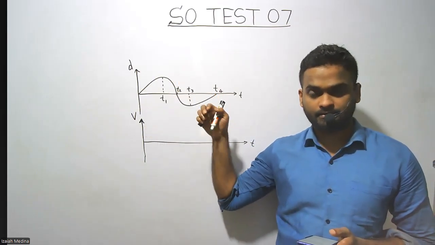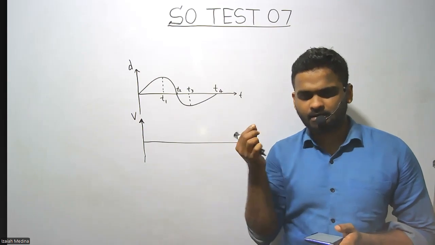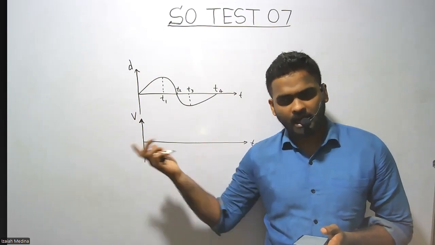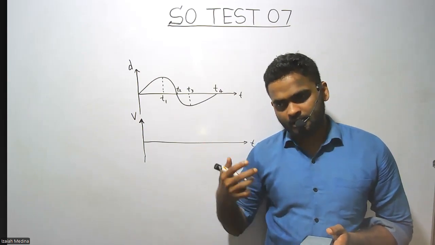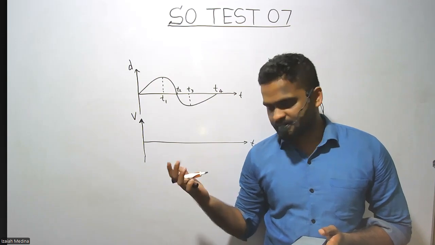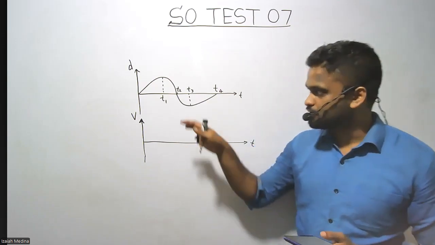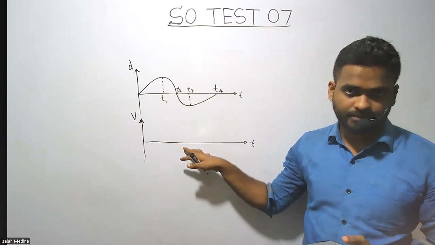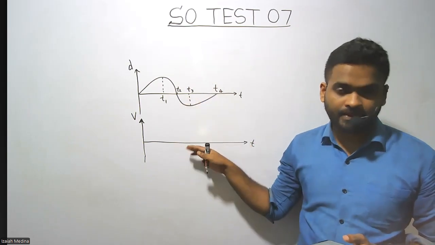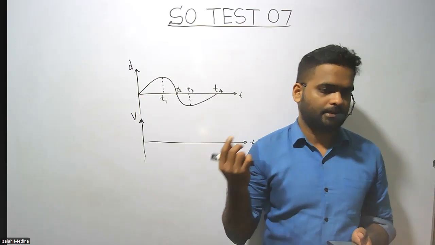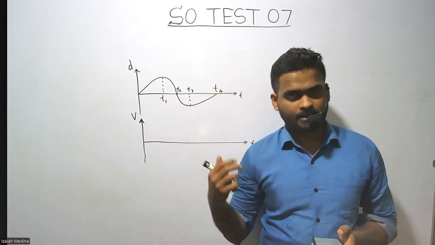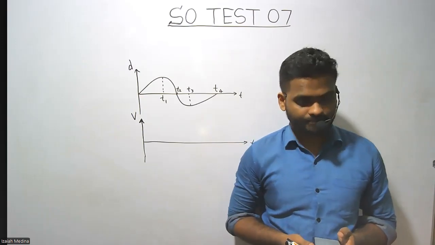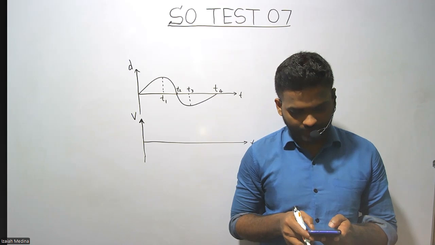You can't directly find the acceleration; you would have to think a bit harder. So the easiest way to do this question is to convert this whole graph into a VT graph. Then from the VT graph you can think about acceleration. Then it will be easy.